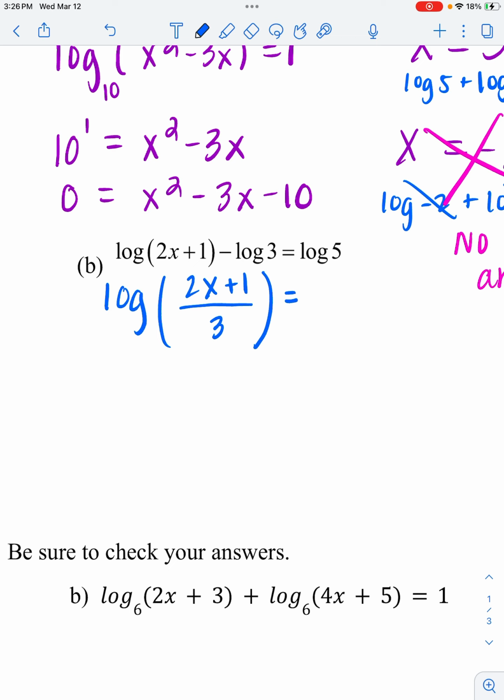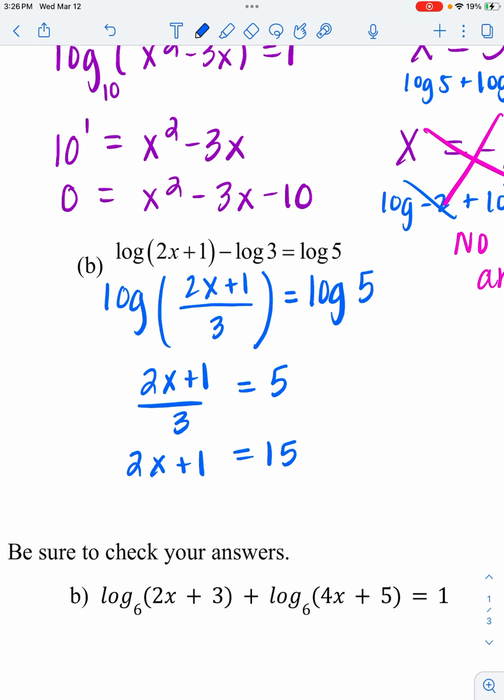Right now I'm using the property subtraction equals division. My logs are the same on both sides, the bases, so I can set them equal. Now I multiply by 3. So I get x to be 7.